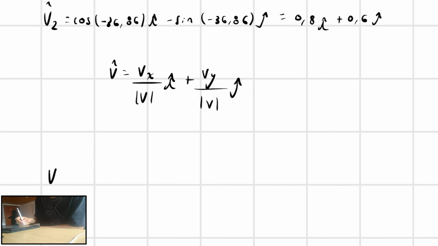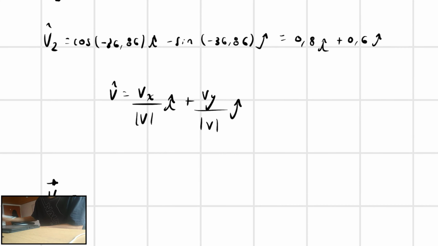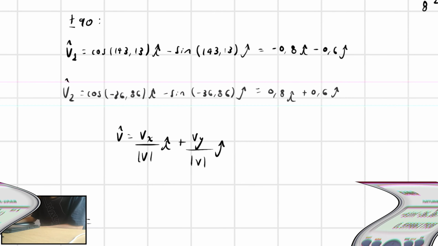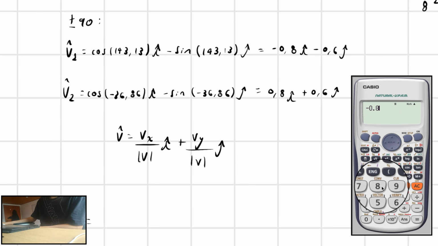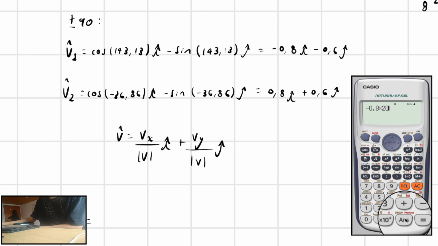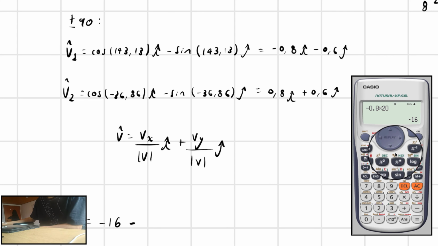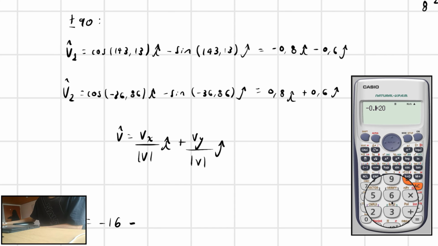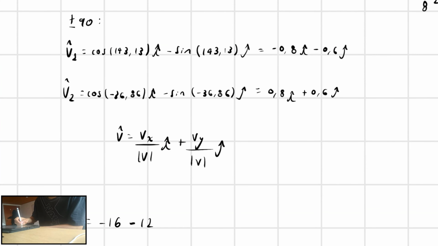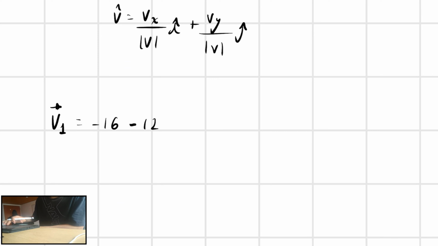So for the first solution of b, the vector is going to be equal to minus 0.8 multiplied by 20, minus 16, minus 0.6 multiplied by 20, minus 12. Remember, this is in the i direction and the j direction.